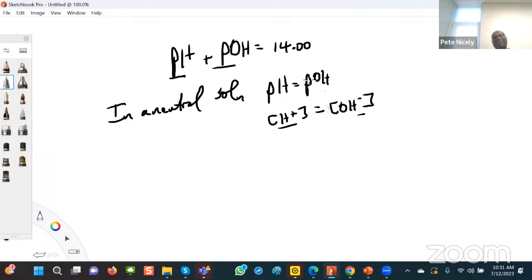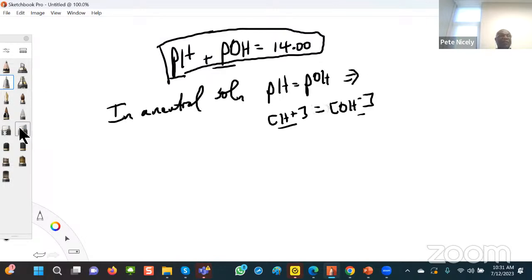Now, if that's the case, based on this equation here, assuming that the sum is equal to 14.0, that means that the pH, which is equal to the pOH, will be equal to 7.00, right? Which means that the concentration of H+ will be equal to 1.0 times 10 to the minus 7 M, all right? So that's what happens in a neutral solution.